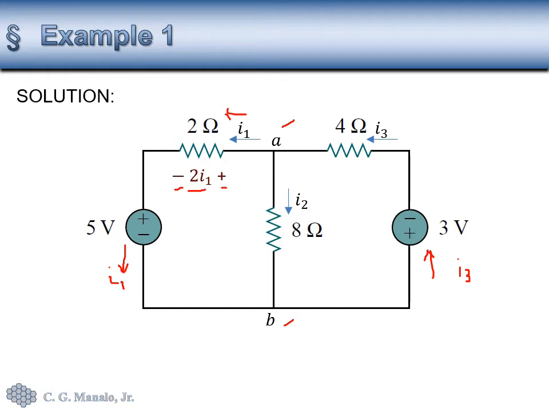And the magnitude is 2I1. For the rest of the resistors, for 8 ohms, the positive should be here because I sub 2 is entering on that side, and negative here. Here this should be positive because current I3 is entering on the right side of 4 ohms. And these are the magnitudes of the voltages using Ohm's law.